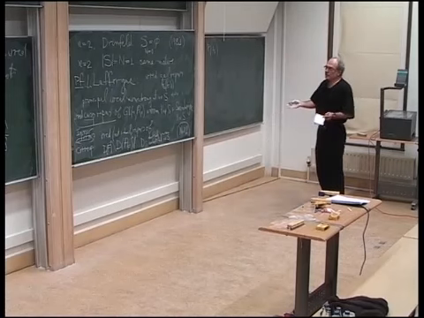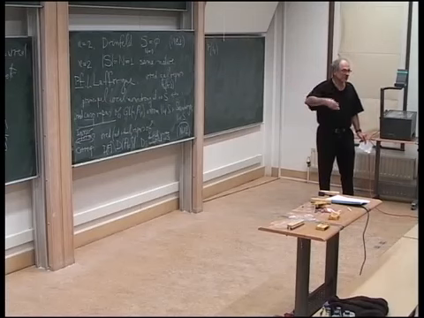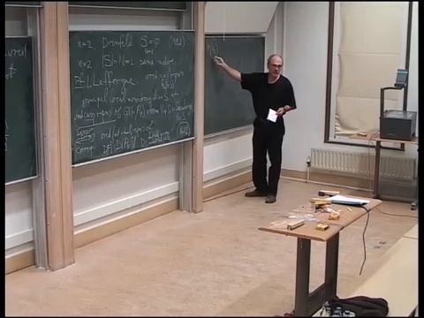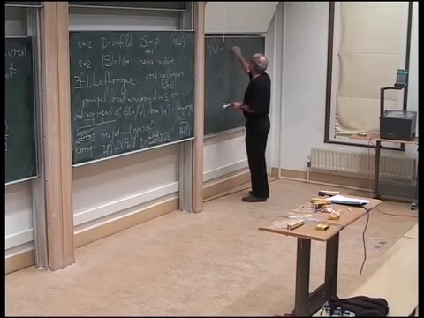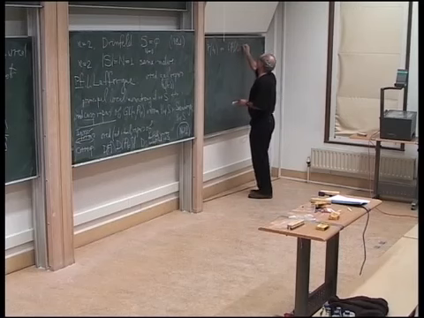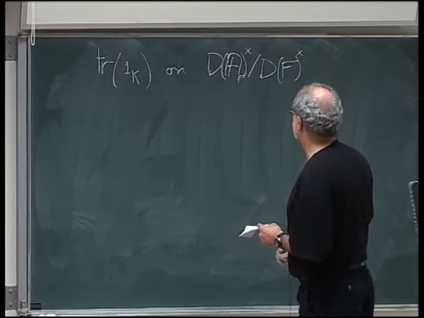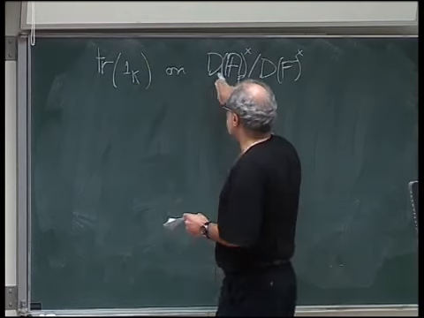So all that we need to do is look at the maximal compact subgroup of the division algebra and compute the trace of the characteristic function on this space, this homogeneous space. So, maximal compact subgroup of D.